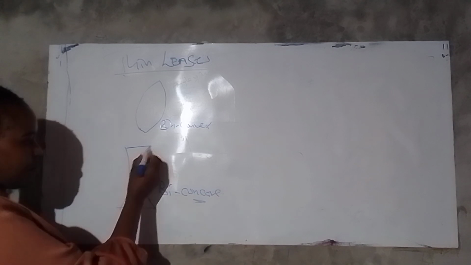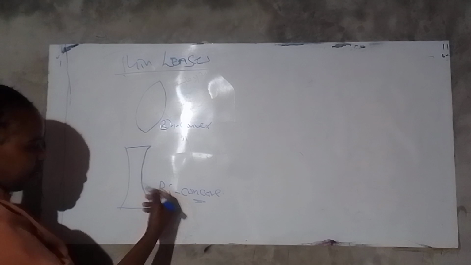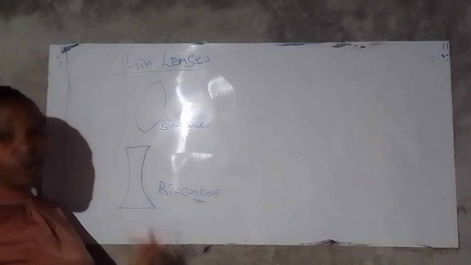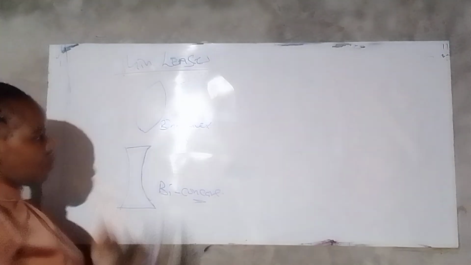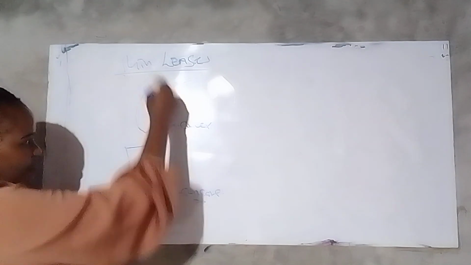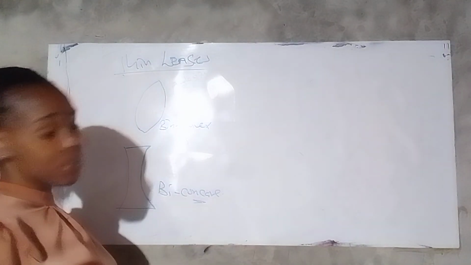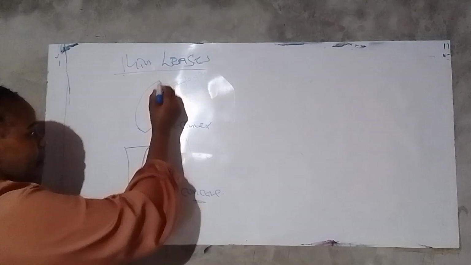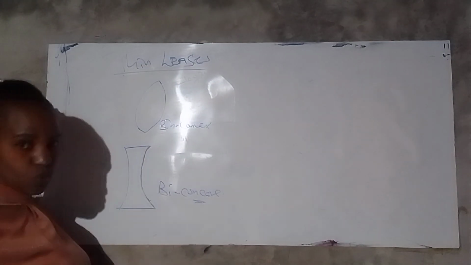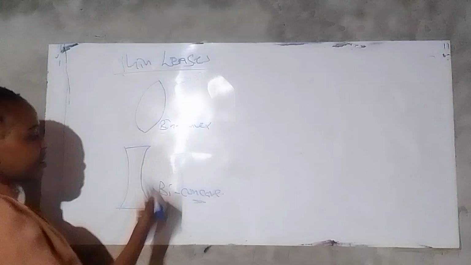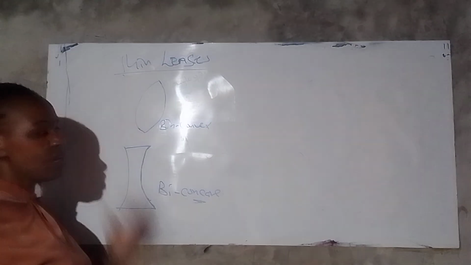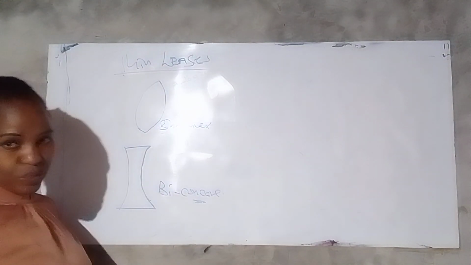Cave, from that cave, inside, that's a cave, so biconcave. And biconvex, that's a convex shape. Remember convex mirrors and concave mirrors. Bi simply means two. So there are two convex, since there are two sides, so biconvex and biconcave.